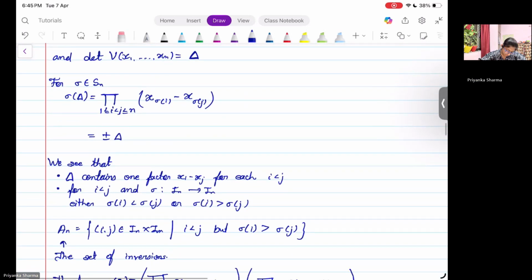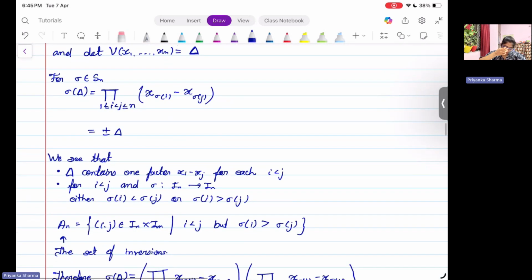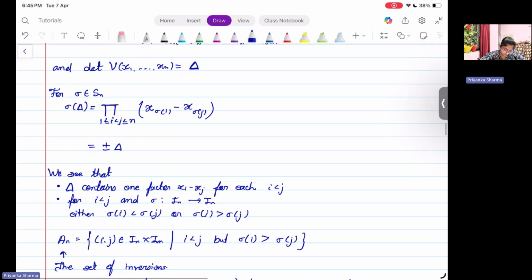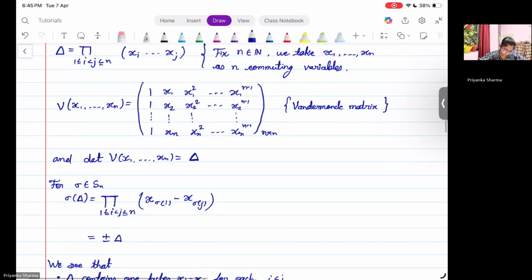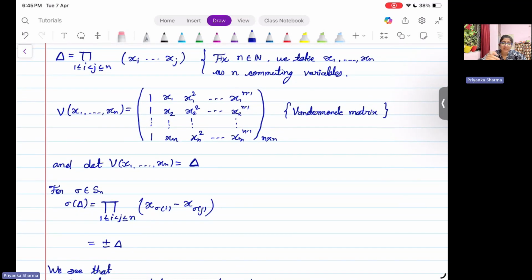So what is the way to define the sign map? If we have some sigma belonging to S_n, then what will be sigma of delta?